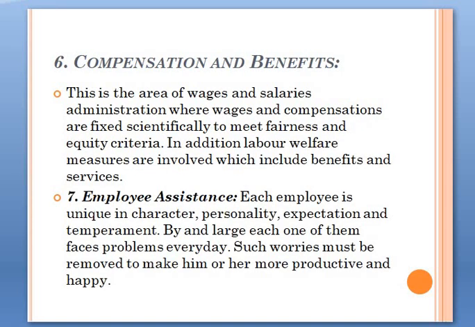Then comes compensation and benefits, right? This is an area wherein we talk about the monetary aspects. Here wages and salaries are paid, and a compensation is fixed for the employees, which should be fair, that is, fair and equal pay should be given in the organization.